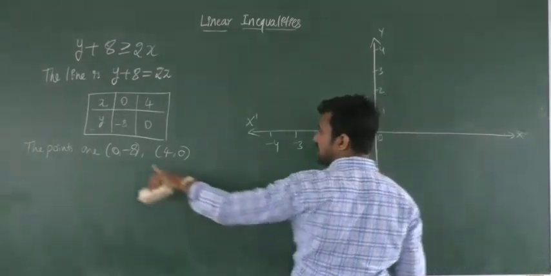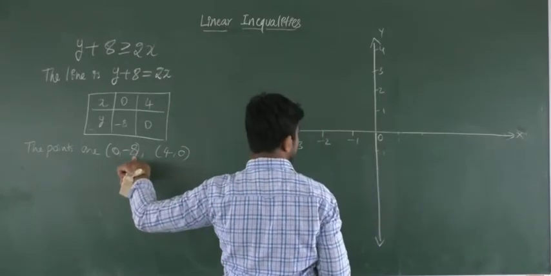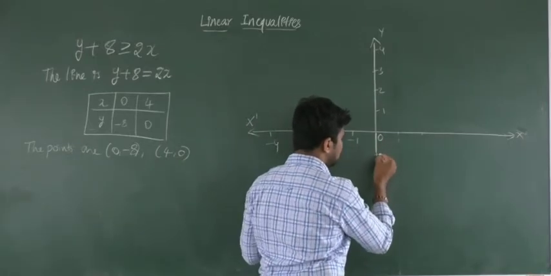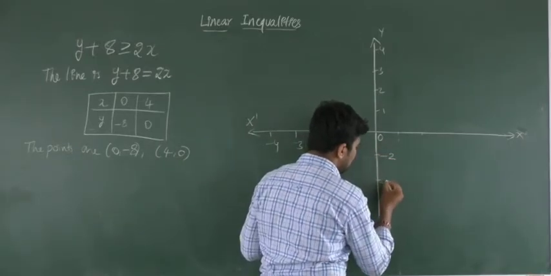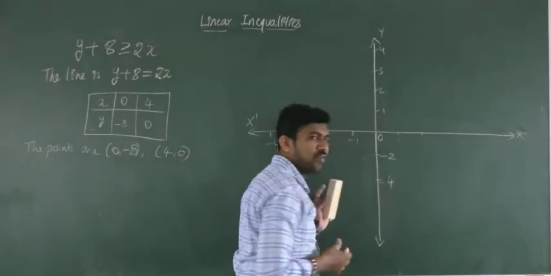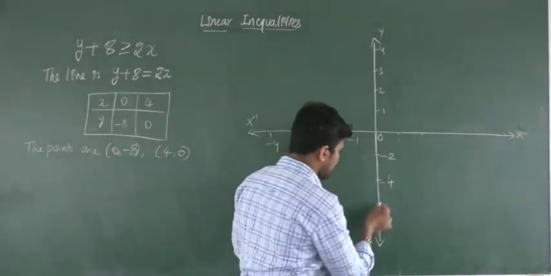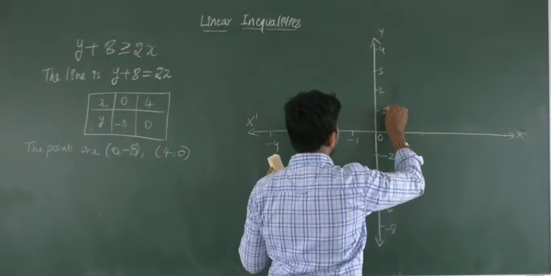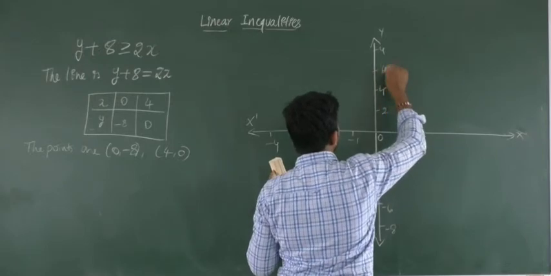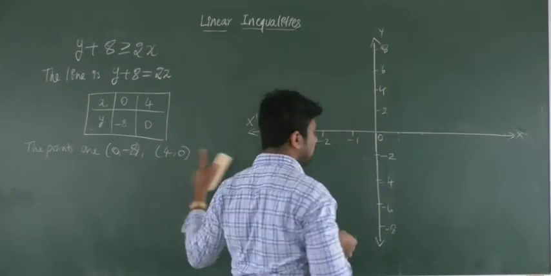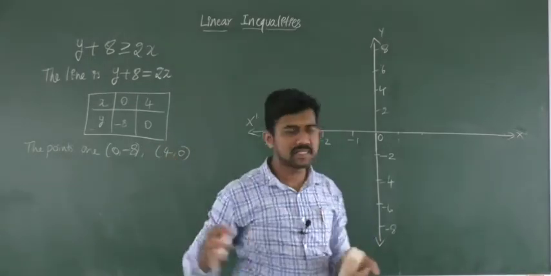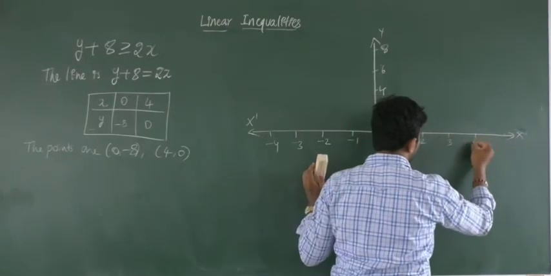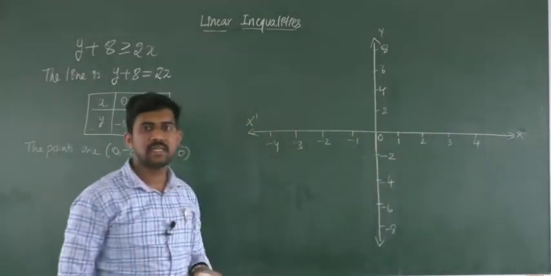You can observe that on the y axis we need minus 8, so take the points like this. 1 unit is equal to 2 centimeters I'll take. Minus 6, minus 8, and here also 2, 4, 6, 8. Here 4 comma 0. On the x axis we need 4 as the maximum value, so you can take 1, 2, 3, 4, minus 1, minus 2, minus 3, minus 4.